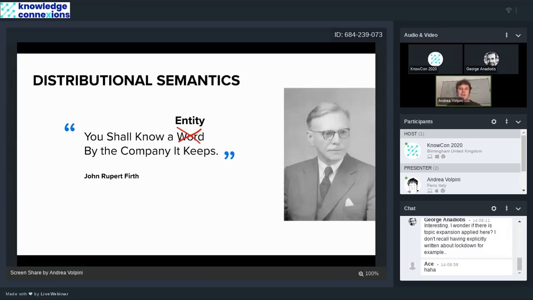But as we move from word embeddings into graph embeddings, we can simply replace word with entity, because with graph embeddings we're doing exactly the same process of converting an entity into numbers. In word embeddings we convert a word into numbers, and with graph embeddings we convert entities into numbers by looking at what entities are around that entity.